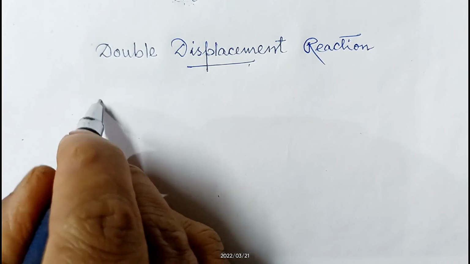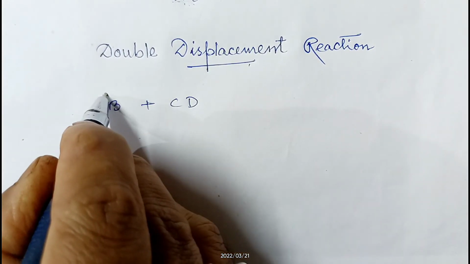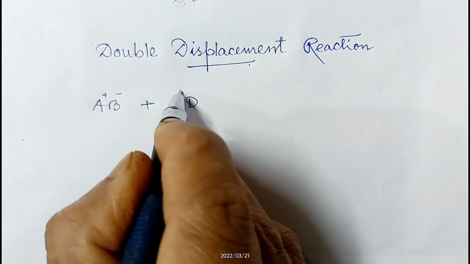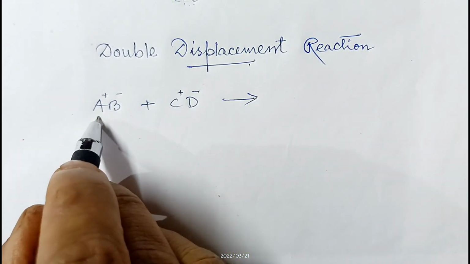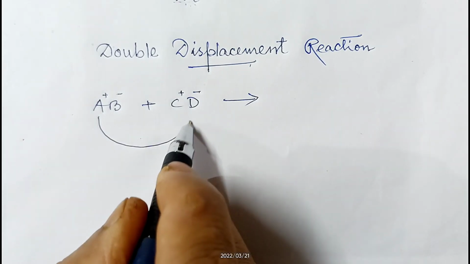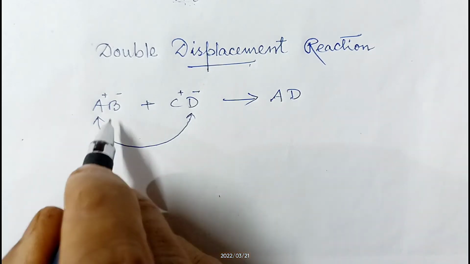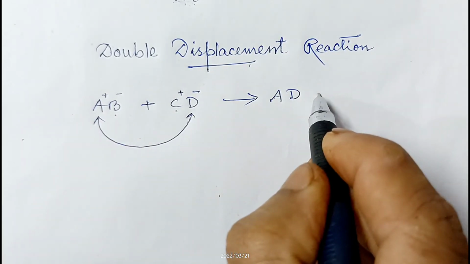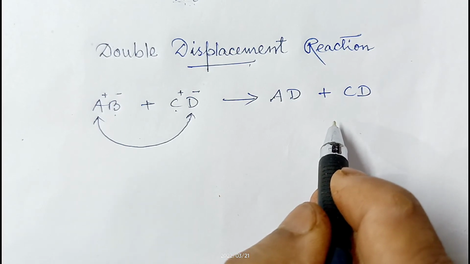Suppose AB is reacting with CD, and suppose this is the positive ion, negative ion, this is positive, this is negative part. Then after the reaction, what will happen? This positive and this negative will form AD, and this negative and this positive will form CB. This type of reaction is called double displacement reaction.